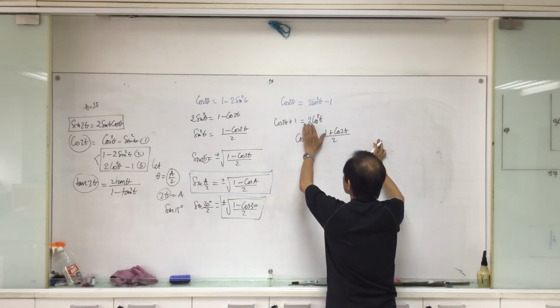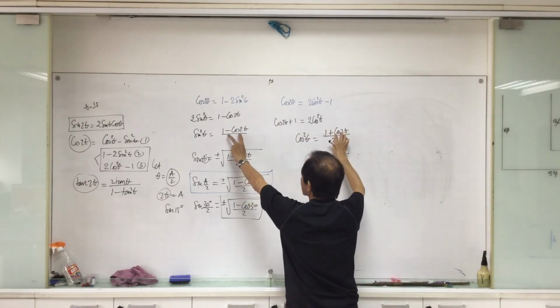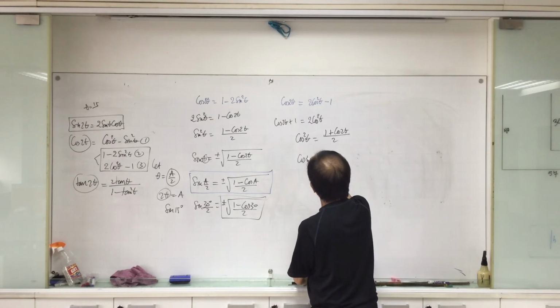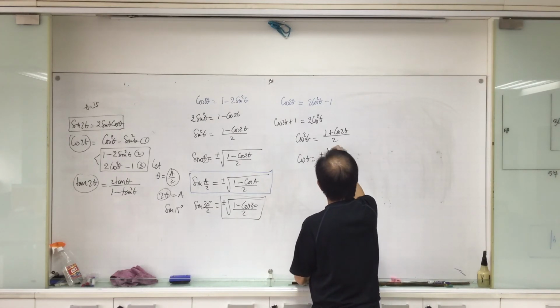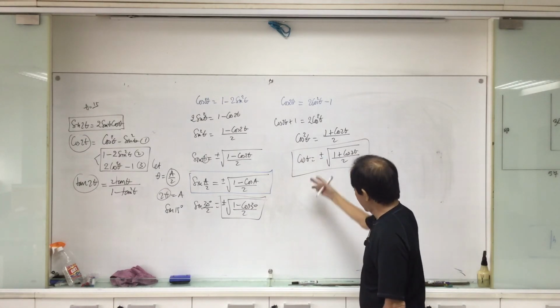Now take a root, you have cosine theta equals plus or minus the root of (1 plus cosine 2 theta) divided by 2. So this is another formula for the half angle formula.